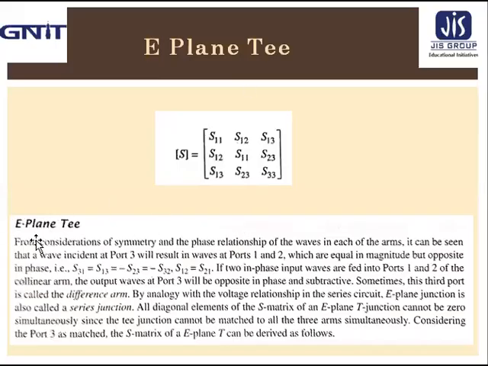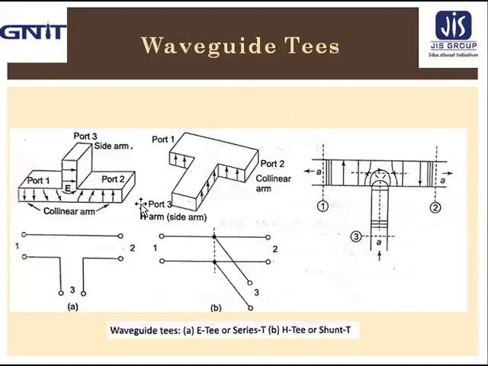Next, we will discuss what is E-plane T. From consideration of symmetry and the phase relationship of the wave in each of the arms, it can be said that if a wave is incident at port 3, then it will result in waves at port 1 and port 2 which are equal in magnitude but opposite in phase.